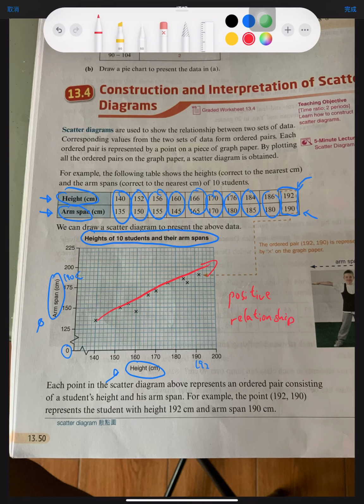That is, when this one increases, this one will also increase together. In other words, the other case is called a negative relationship.